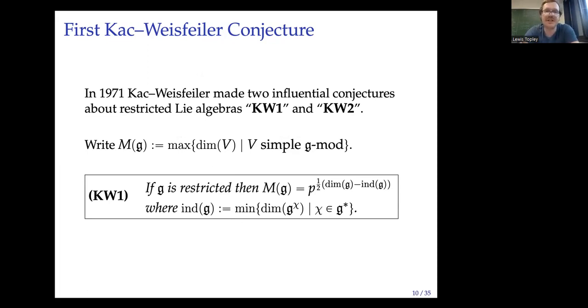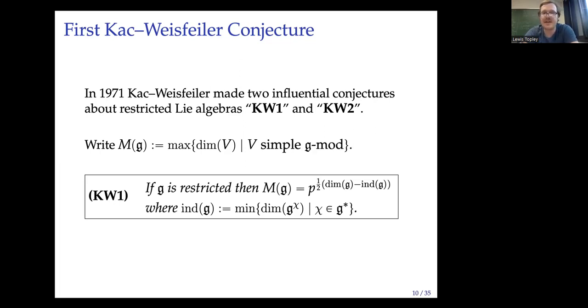If we write m G for the maximal dimension of simple modules, then KW1 says that provided G is restricted, the maximal dimension is given by this very neat formula, p to the half dim G minus ind G. That's the index of the Lie algebra, which was introduced by Dixmier.